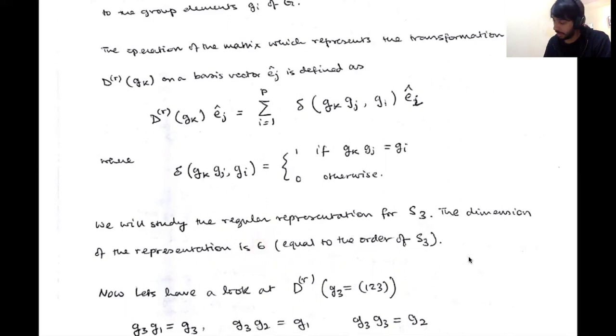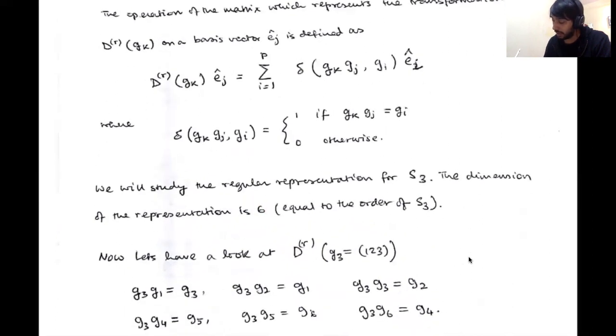Now let us look at the representation of G3. G3 is, remember, this permutation of 1, 2, 3.